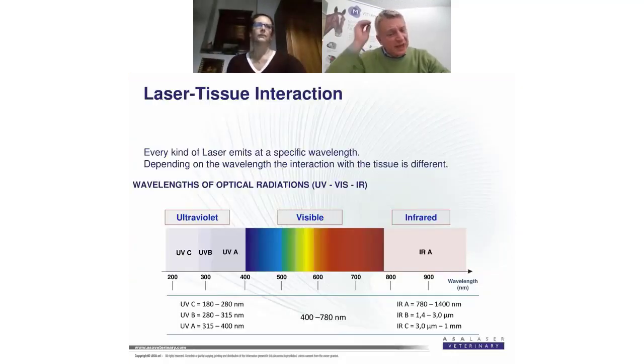And tonight, we talk about the laser interaction. Basically, all the lasers are in the infrared range, which is not visible. That's why you need goggles to protect the eyes, and on the goggles there is usually an indication about which wavelength they protect.